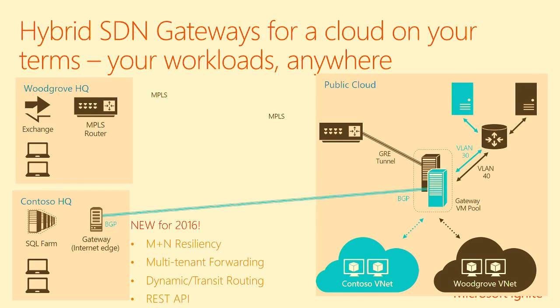All of them can simultaneously take gateway traffic and, based on the tenant, redirect to the respective tenant network. If one gateway fails, it can automatically fail over to the remaining gateways, or if your load increases, you can add more gateways dynamically. That gives you the M+N resiliency.